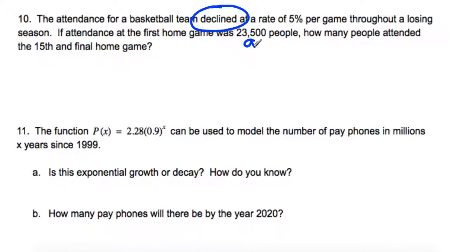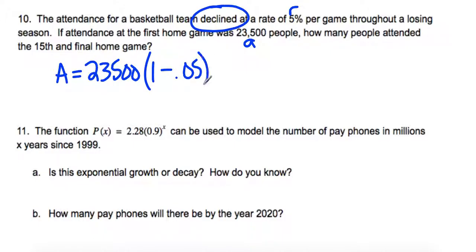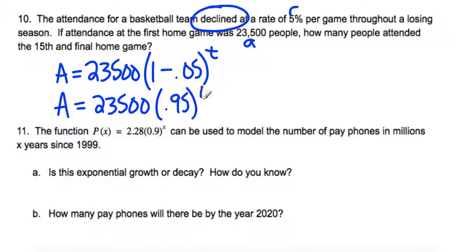All right, so let's write our function first. We started with 23,500 times 1 minus 0.05 to the t, which we can rewrite as 23,500 times 0.95 to the t.